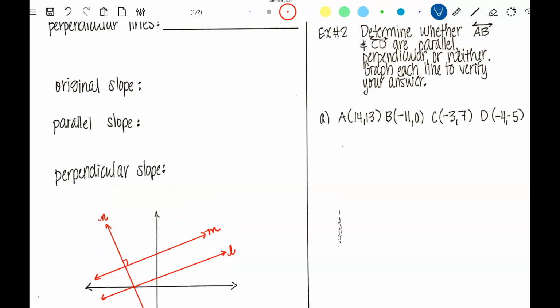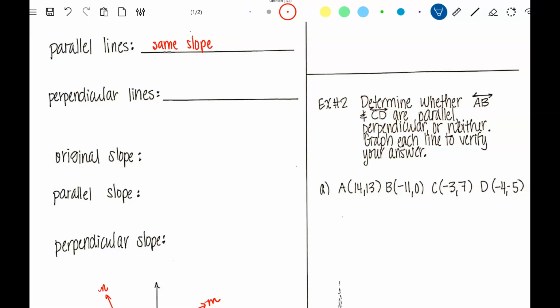Okay, so perpendicular lines, their slopes are negative reciprocals of each other. Which means opposite signs and flipped.